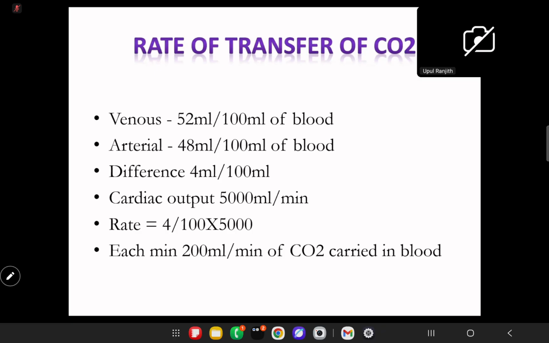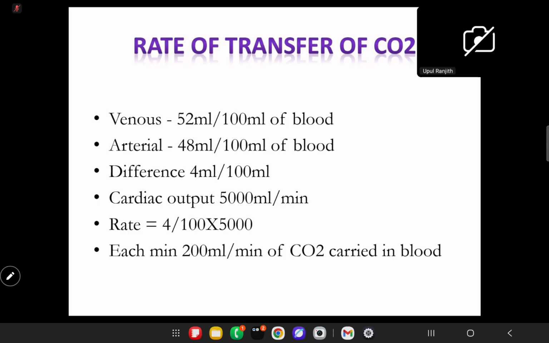Then if you look at these figures, the rate of transfer of carbon dioxide in the blood. In the arterial blood there is 20 ml of oxygen in 100 ml of blood, and 15 ml of oxygen in 100 ml of venous blood.